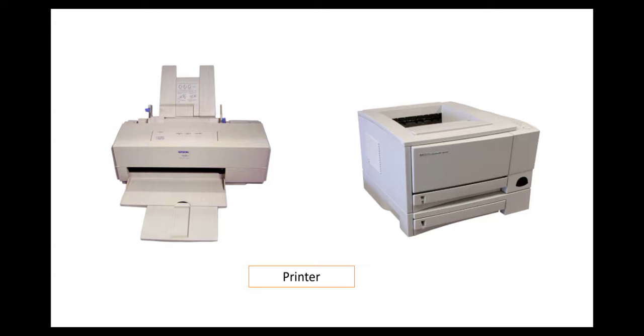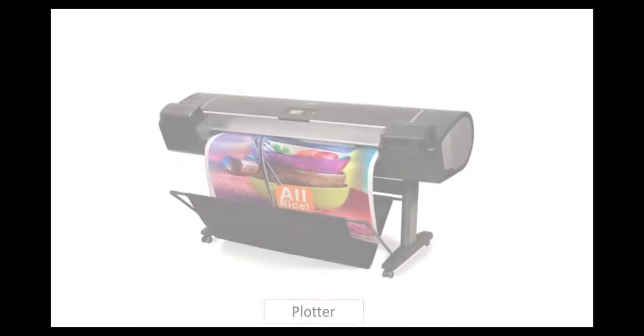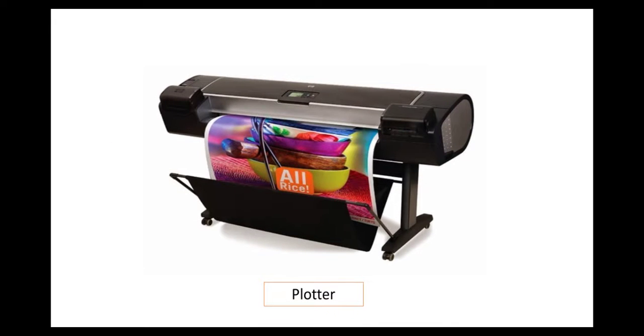It gives us the hard form of the soft form. We can print text on a page with the help of the printer. The plotter is also a kind of printer, but with the plotter we print banners and architectural maps, etc.